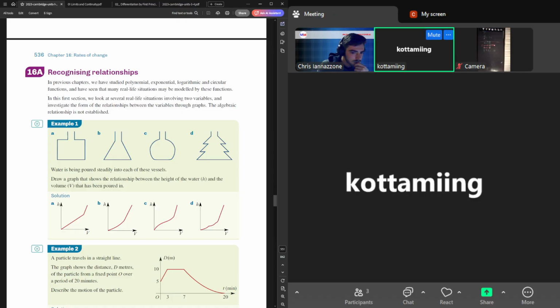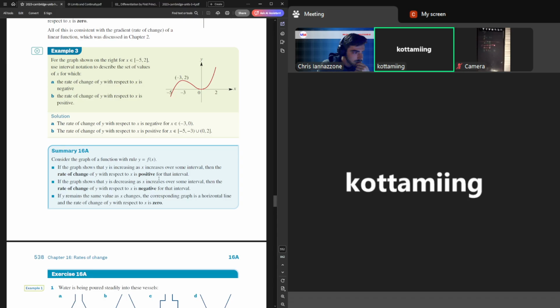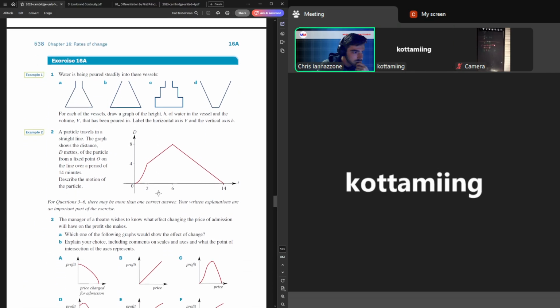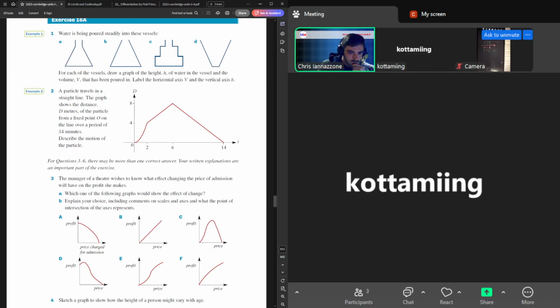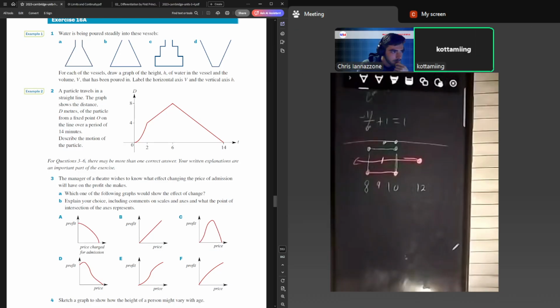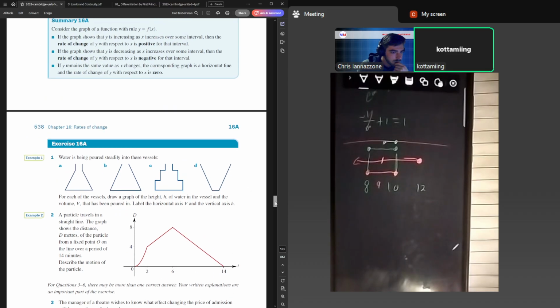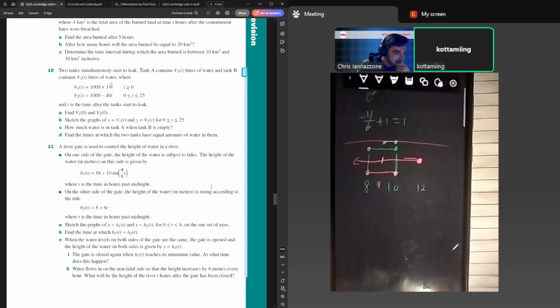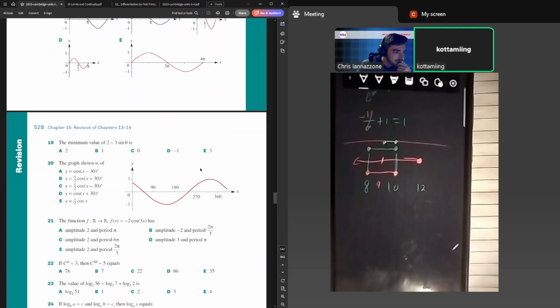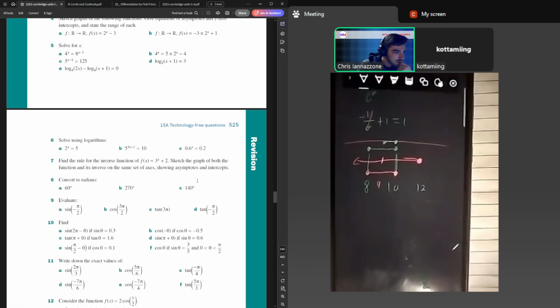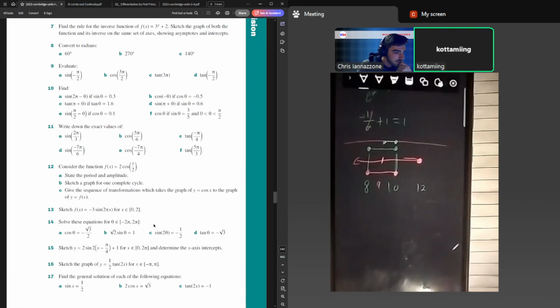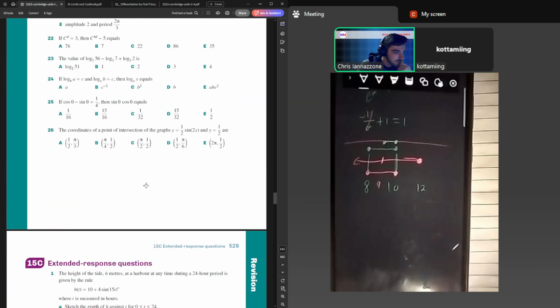This one? Simplify sine and cos, whereabouts? No, chapter 15 revision. Okay, and it's 16A of Chapter 15 revision. Yeah. 15B.